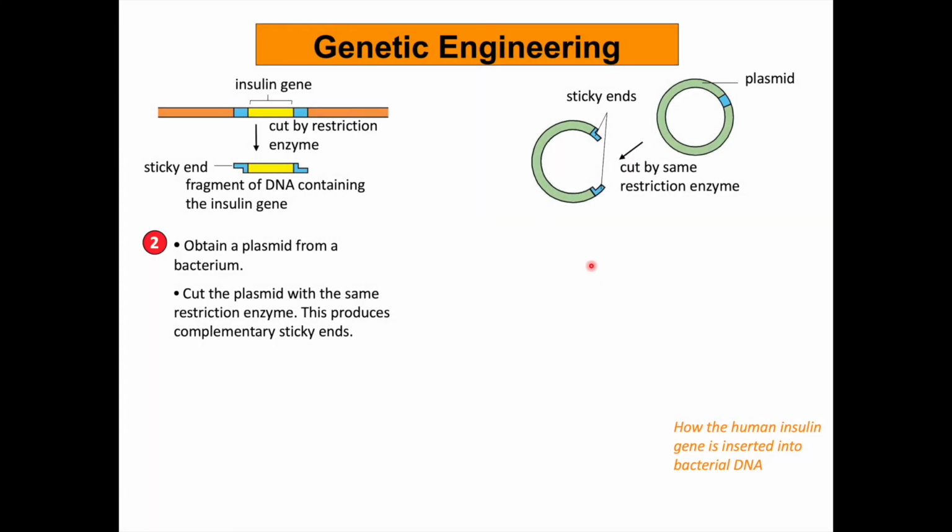Then we have to cut this plasmid using the same restriction enzyme that we used in cutting the insulin gene from the human gene. And this will produce sticky ends too, the same as the insulin gene that we have cut before.